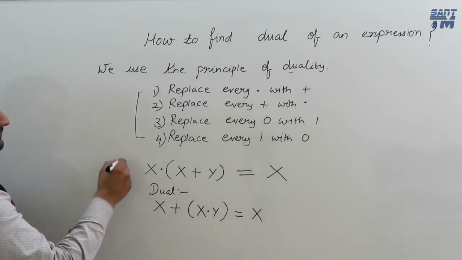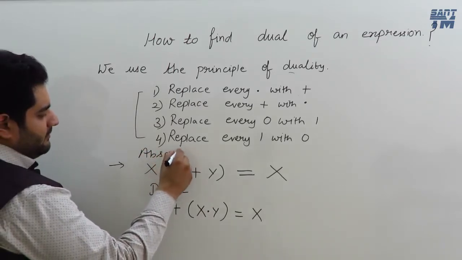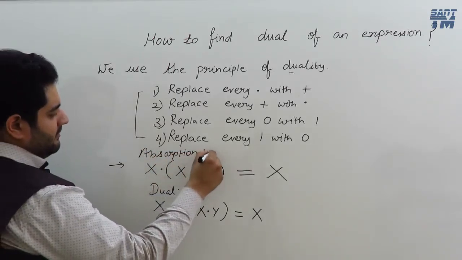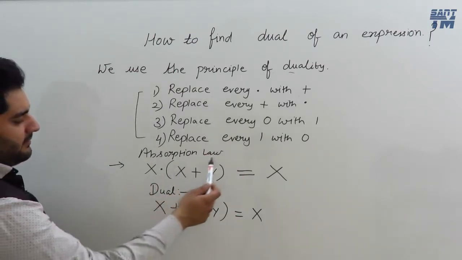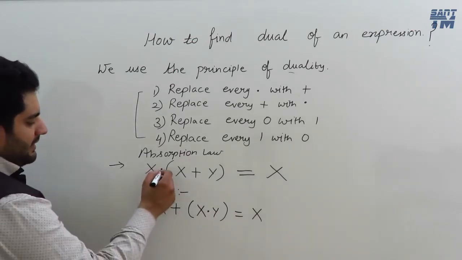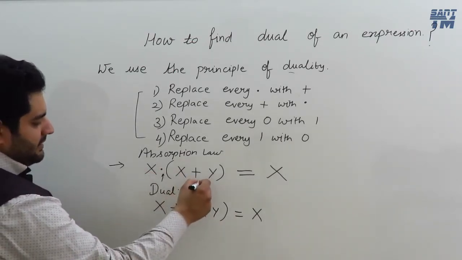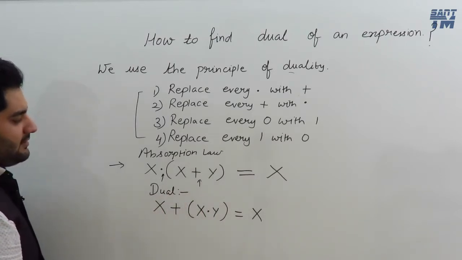Consider this example. This is the absorption law. Absorption law states x multiplied by x plus y gives x. Its dual can be obtained by replacing this dot by plus, and this plus by dot. There are no 0 and 1, so only this much is possible.